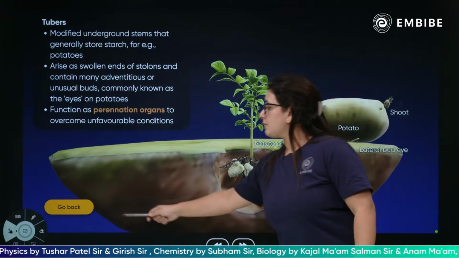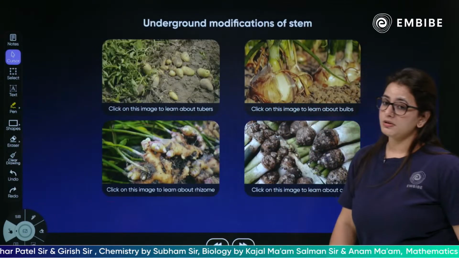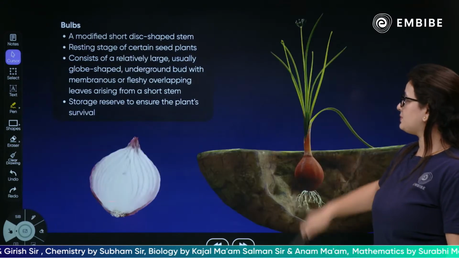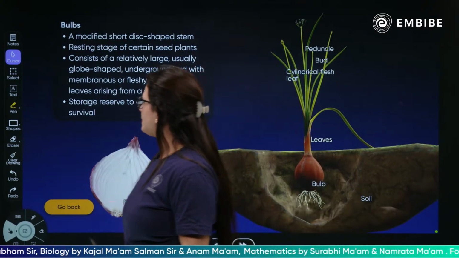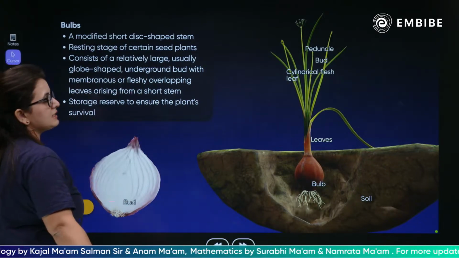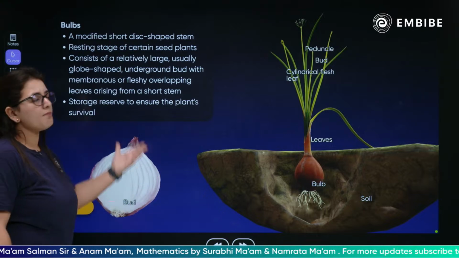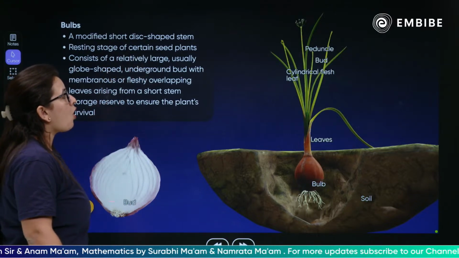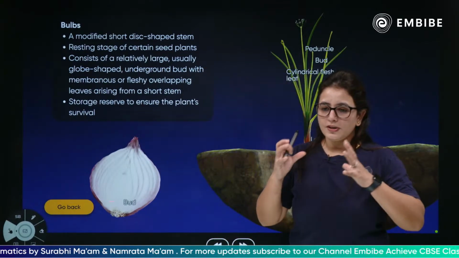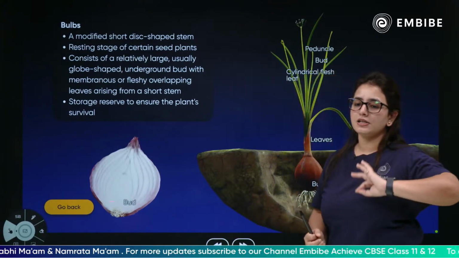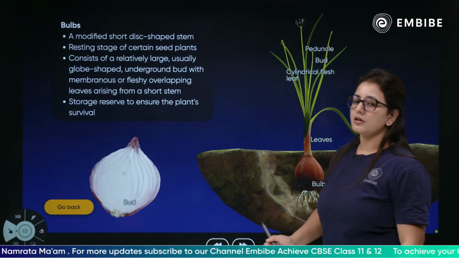Talking more about the modification of the underground stem, next we have bulbs. What? Onion, simple. A bulb is an underground modified disc-shaped stem. All of you have seen this particular onion. So children, the onion part is always underground, and there are some cylindrical structures which are above the ground.